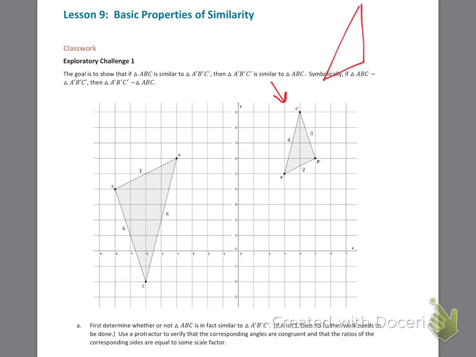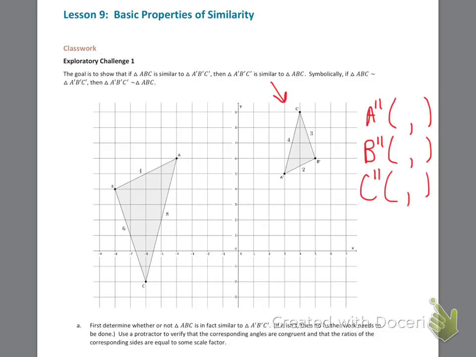So what I'm going to do here, and you can draw this on your paper, is find the coordinates of the dilated points. So A double prime, B double prime, and C double prime will have a set of coordinates. Since A started out at 3, 5, the dilation of A would be at 6, 10.